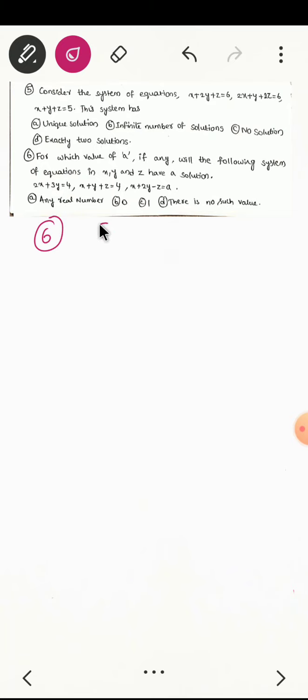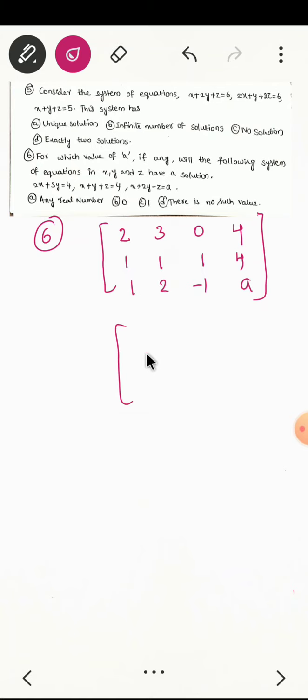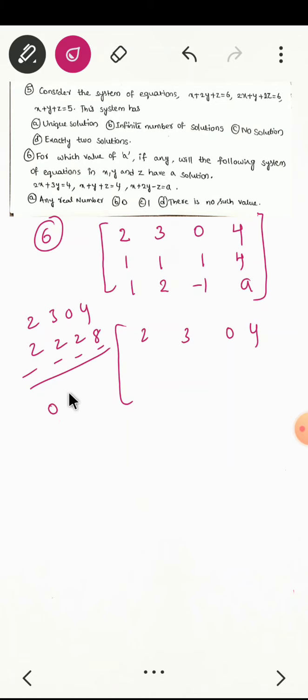Problem number 6. 2 3 0 4, because there are x, y, z, then 1 1 1 4, 1 2 minus 1 A. Come on, by using this make these two things 0. So take 2 3 0 4 as it is and multiply this row with 2: 2 2 2 8, minus minus minus minus. 2 minus 2 is 0, 3 minus 2 is 1, minus 2, minus 4.